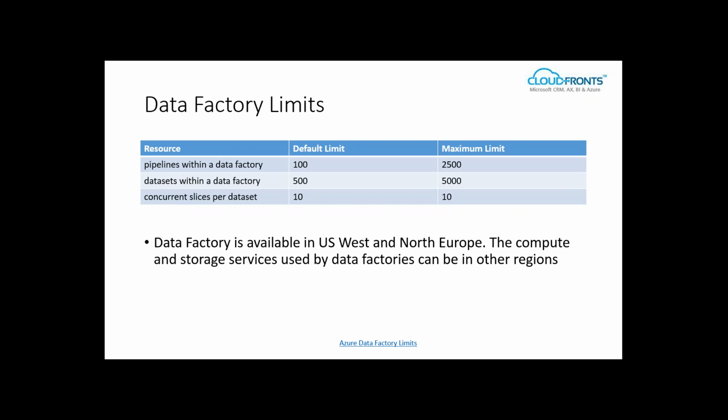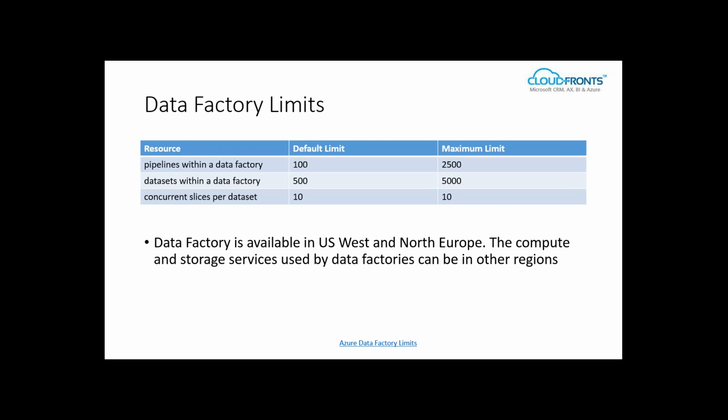So next is the limits. There are a few limits, like you can create by default 100 pipelines, 500 data sets, and the concurrent slices will be 10. But you can increase the limit by contacting the support person. One thing to note is Azure Data Factory is available in West US and North Europe.